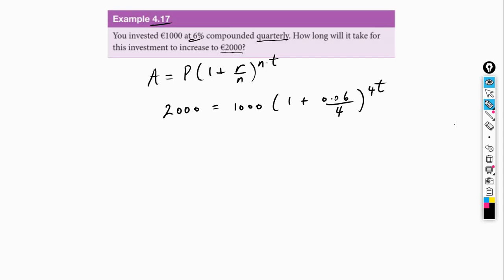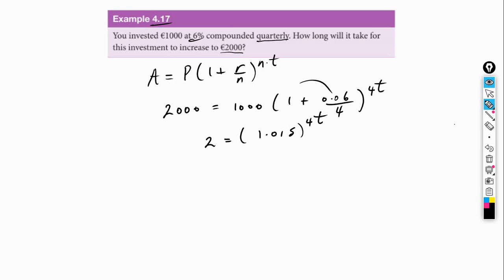So we need to solve for t. Notice that we can send the 1,000 to divide, so really we have 2 is equal to, and we can add this here, that's going to be 1.015 to the power of 4t.